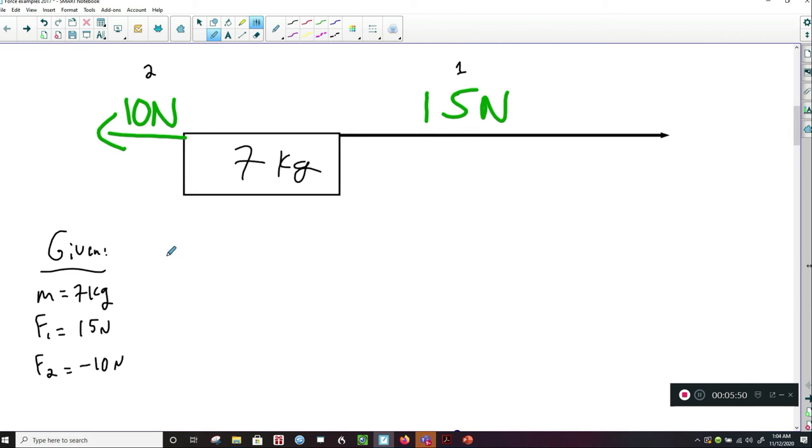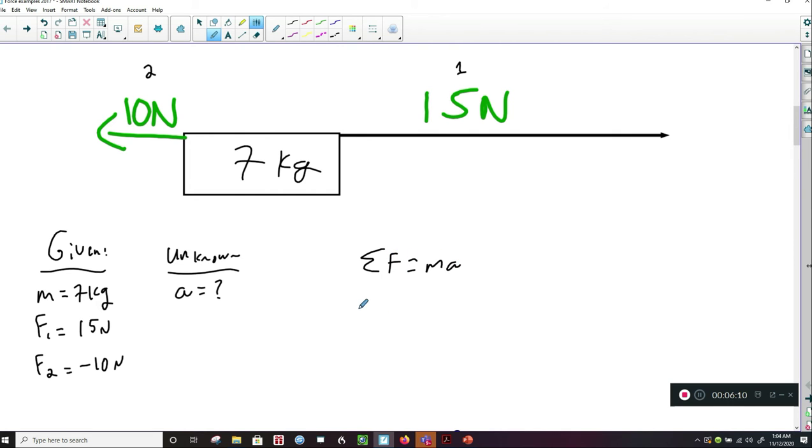And let's see, force, mass, and what's the unknown? It's my acceleration. Now, in order to solve this, we're going to write down sigma F equals ma.